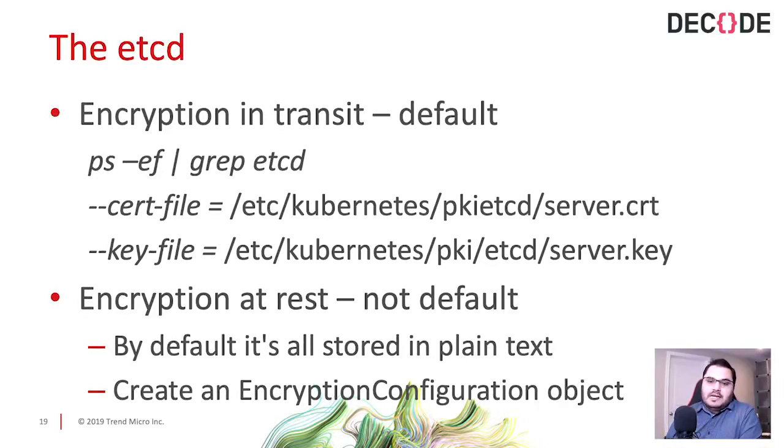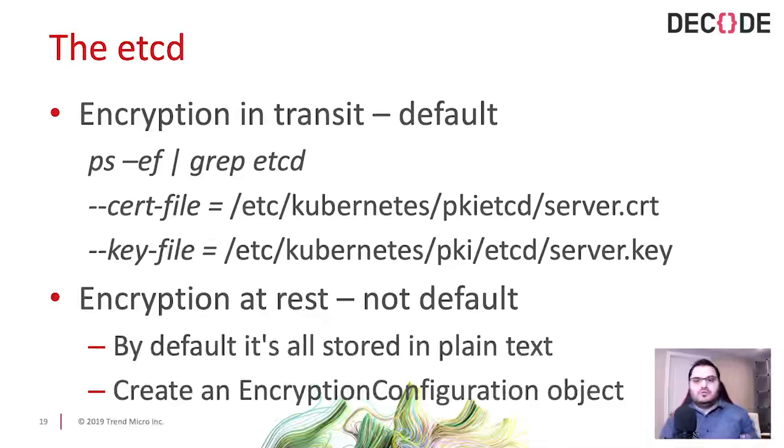You can see that Kubernetes creates a certificate and a key file for your etcd, so all the communications between etcd and the other components are encrypted. But the encryption at rest, the encryption of the objects themselves inside Kubernetes, is not done by default, right? By default, as I said, they're stored in plain text, and you need to be very careful with that.